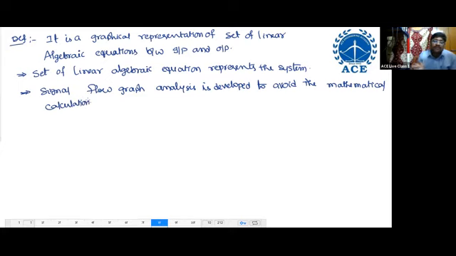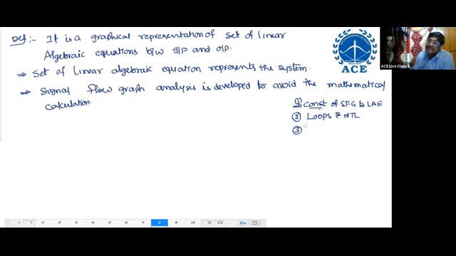Okay. So here basically there are 5 topics in the signal flow graphs. The first one is construction of signal flow graph to linear algebraic equations. The second one is loops. We have to discuss the loops and non-touching loops.